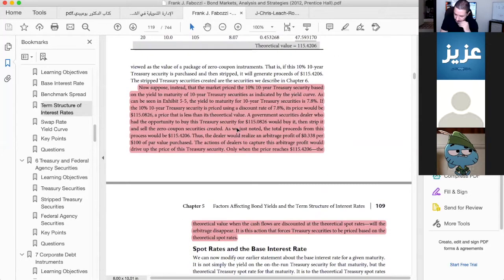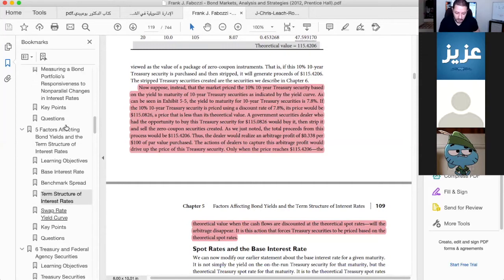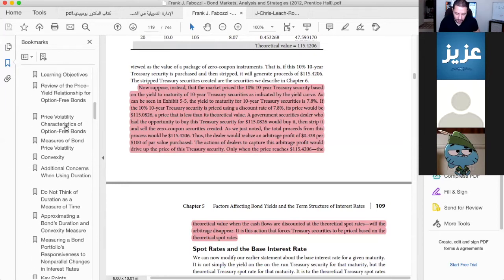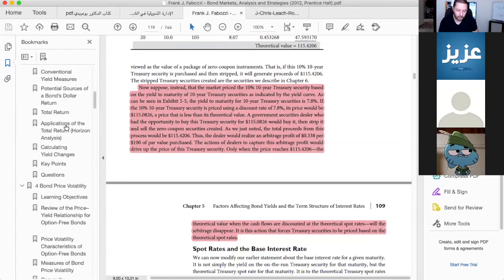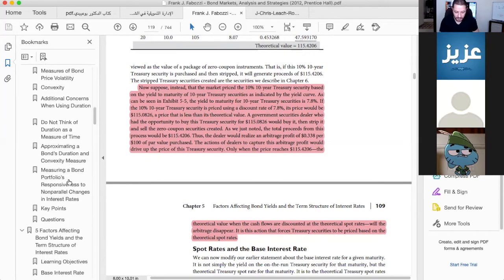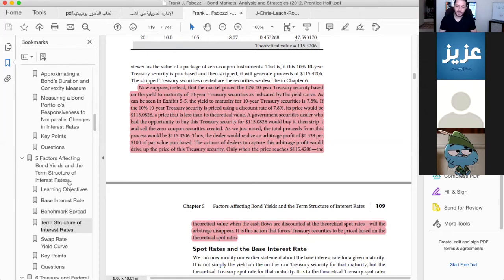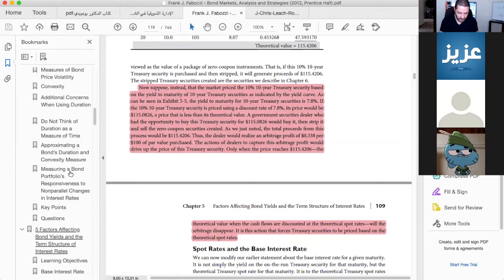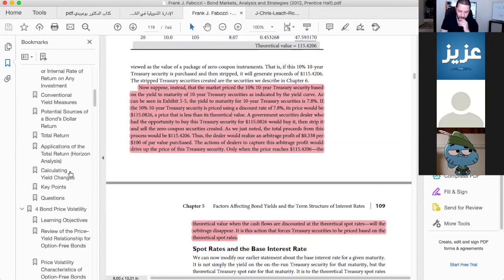Doctor, sorry for this question, but what about the final exam? Okay, so we chose some chapters because it may be too long otherwise. For the final exam, it will be on price volatility and the yield curve, which are the 4th and 5th chapters, right? Yes.